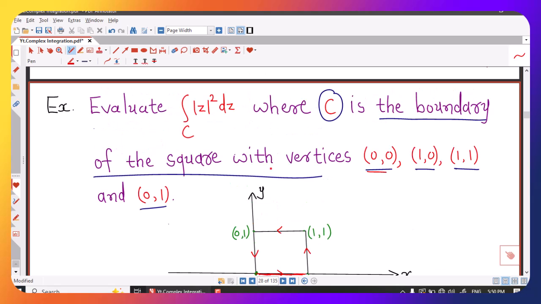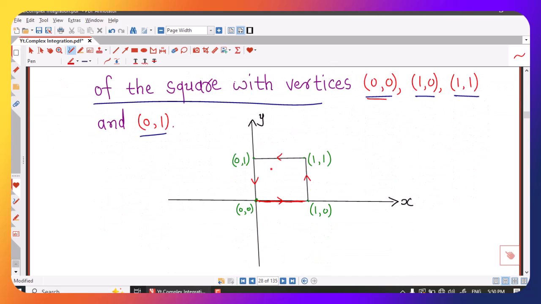So our contour C is nothing but this boundary of the square with these 4 vertices, having these 4 line segments.